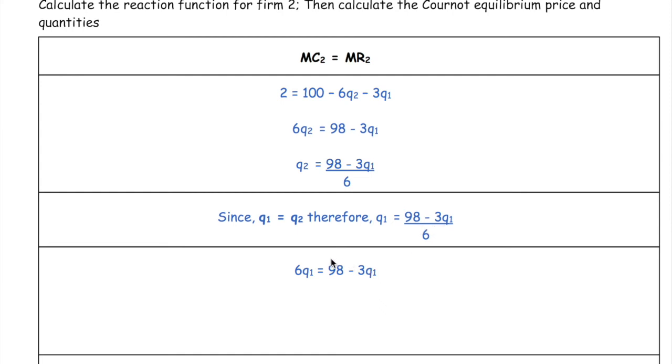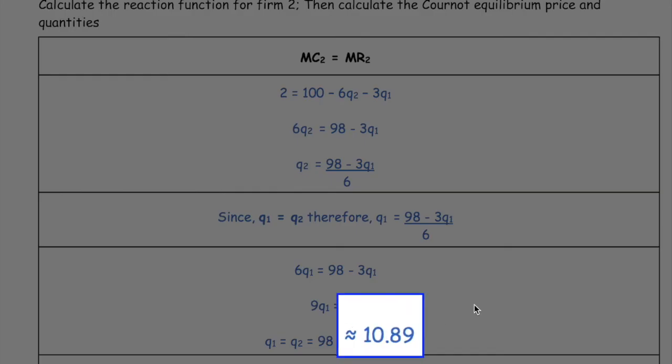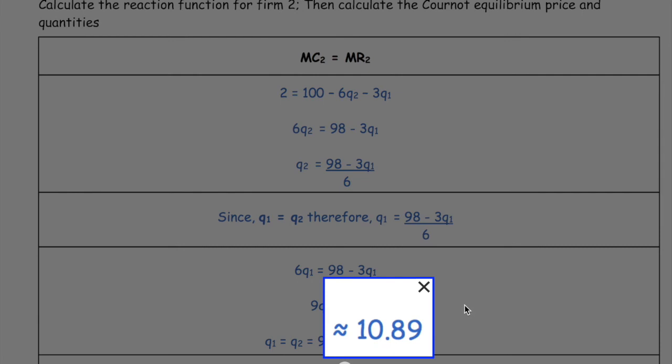I can now bring this over and switch the sign, so I'll get 9Q1 is equal to 98, and now I can divide both sides by 9 and argue that Q1 and Q2 are both 98 divided by 9, so approximately 10.89 if you round to 2 decimal places.